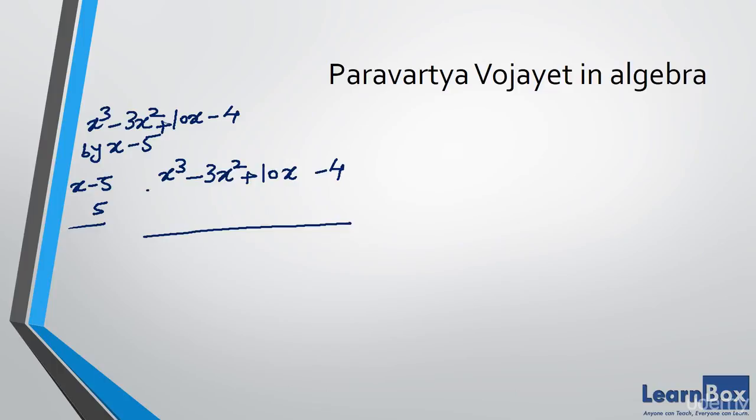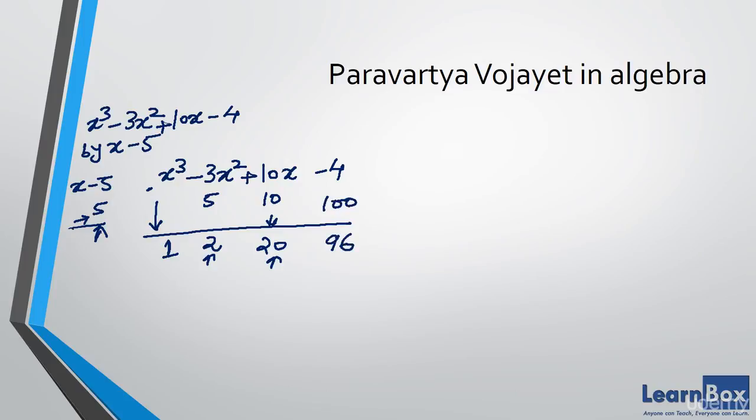The coefficient of x cube is 1, so this will come down as it is as 1. 1 into 5 is 5, so this becomes 2. 2 into 5 is 10. Add this to 10, this becomes 20. 20 into 5 is 100, so this becomes 96.